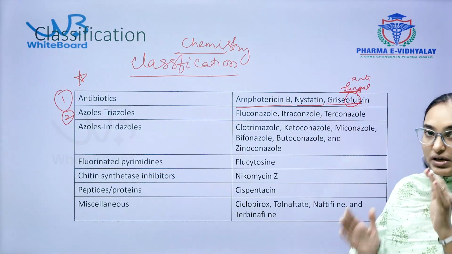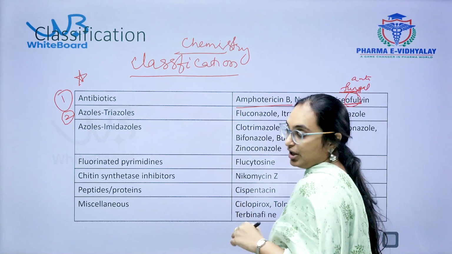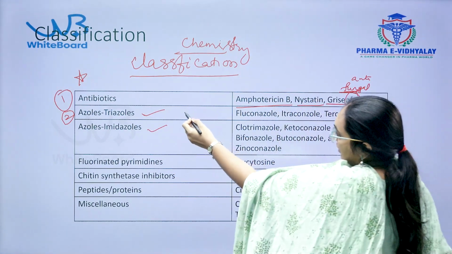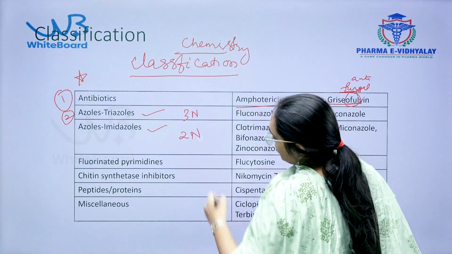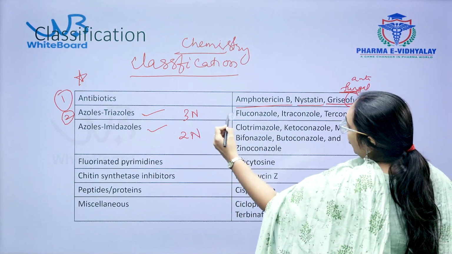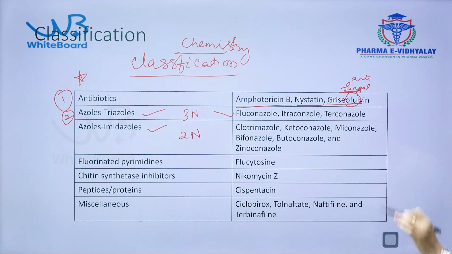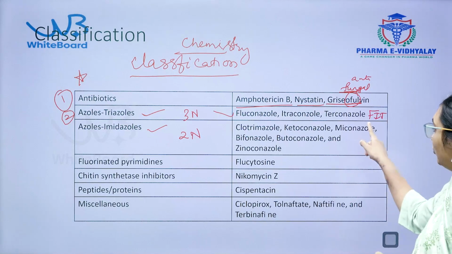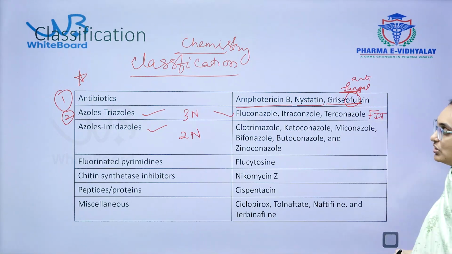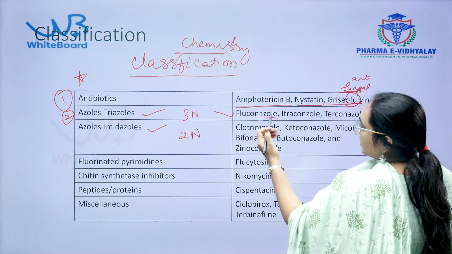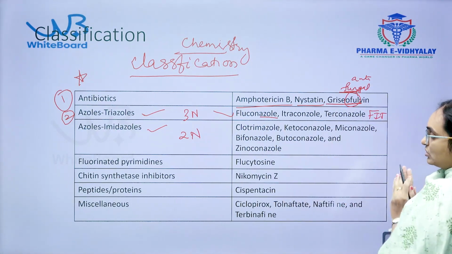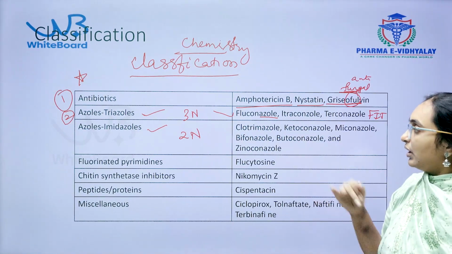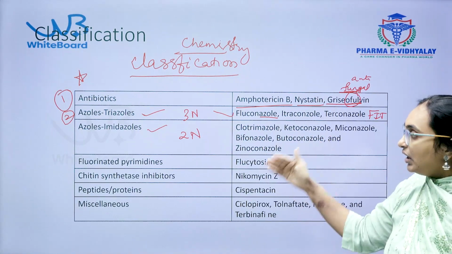Azoles are of two types, triazoles and imidazoles.